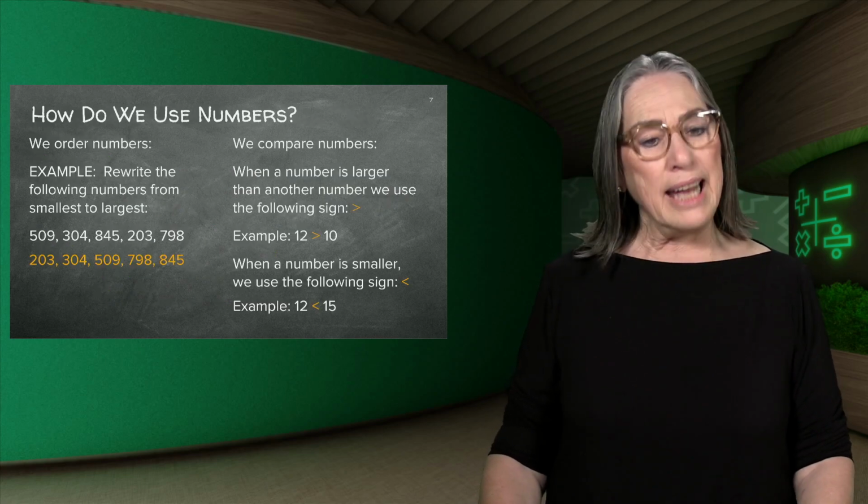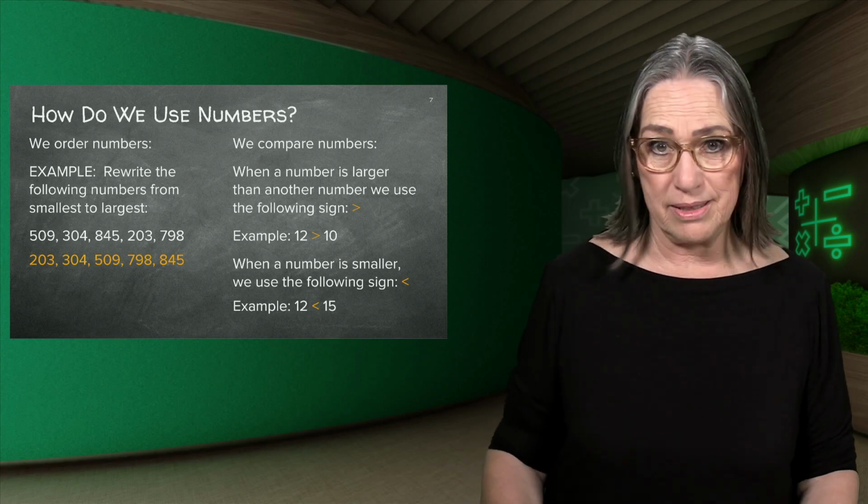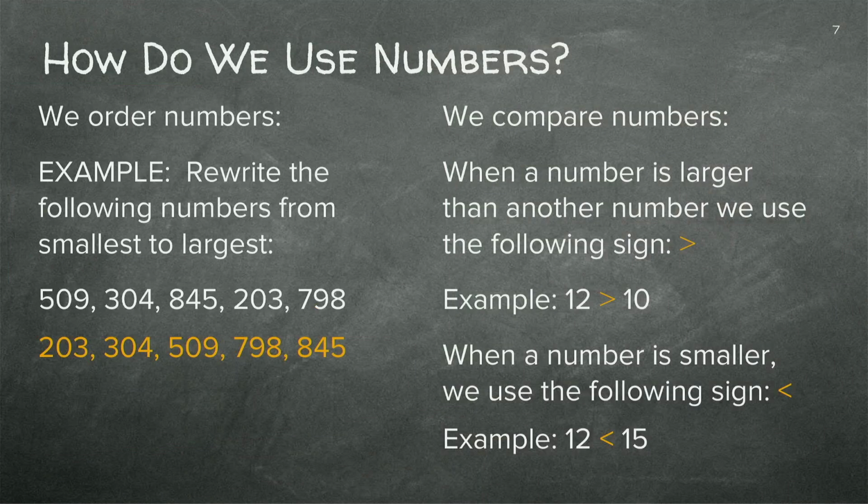Okay, now, next thing, how do we use numbers? We can count, we can multiply, we count forwards, we count backwards. Another two things that we're going to discuss in this lesson is we can order numbers and we can compare numbers. Okay, so how do we order numbers? For example, your teacher can ask you to write a series of numbers from small to large or the other way around, okay?